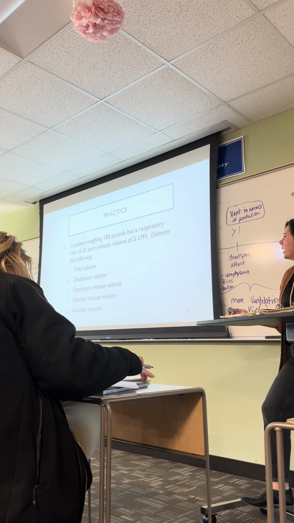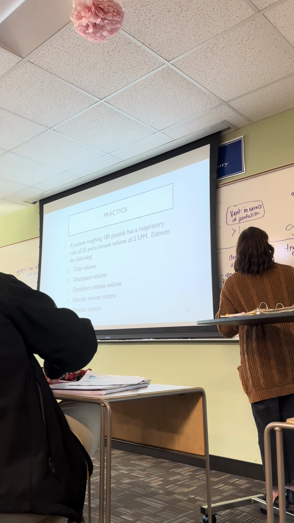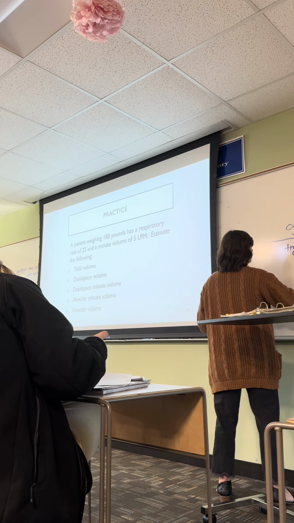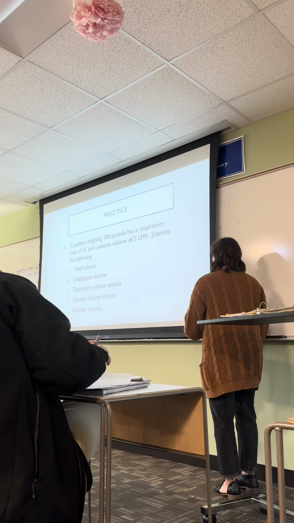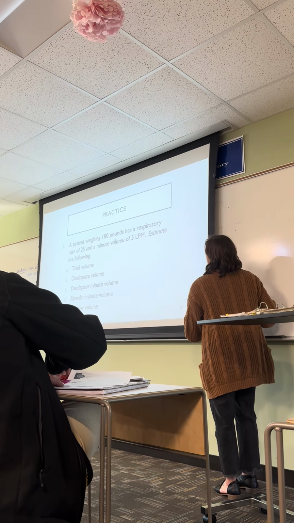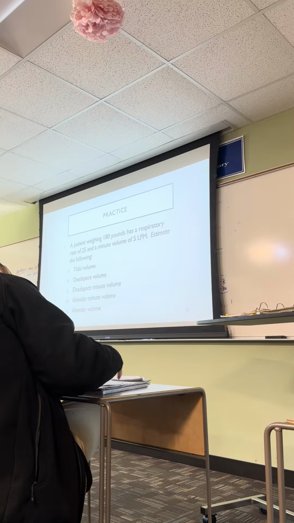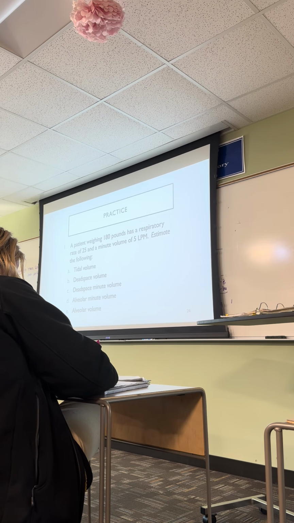So let's go ahead and practice, okay? First, let's get our tidal volume. You guys know how to do that one, so go ahead and get your tidal volume. You have a patient that weighs 180 pounds, has a respiratory rate of 25, and a minute volume of 5 liters per minute.